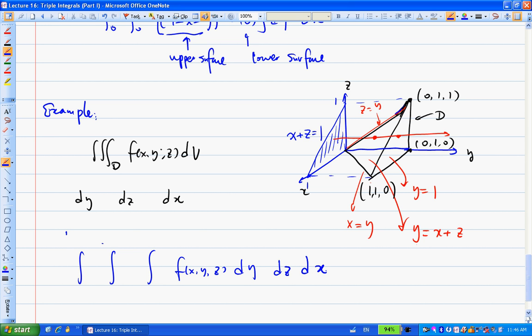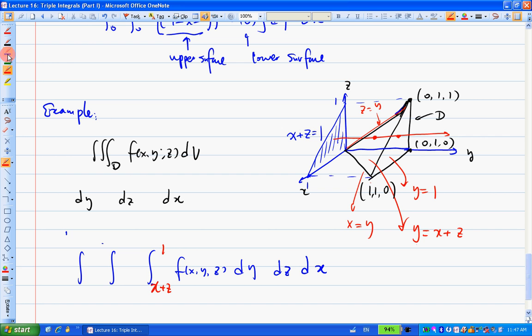Okay. So y min is the first contact point, which is basically x plus z, right? And y max is this point, it's 1. The next integration is about z.